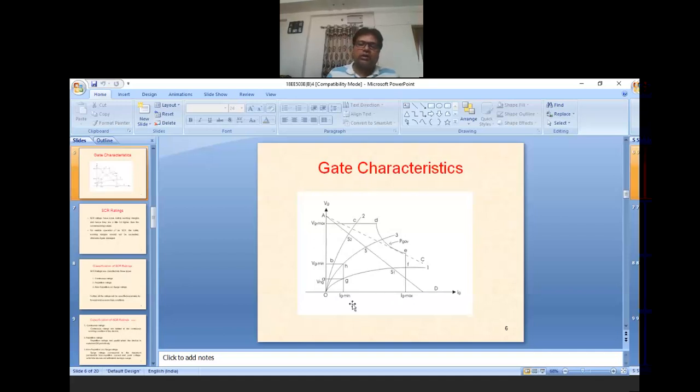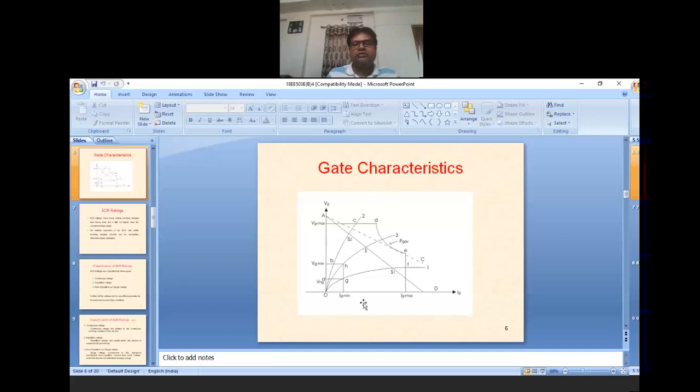And also, there are certain minimum values, Ig minimum and Vg minimum, again, which are required so that SCR can be turned on. Means, even though you apply the required forward voltage, if the gate current is less than this Ig minimum, it will not conduct.